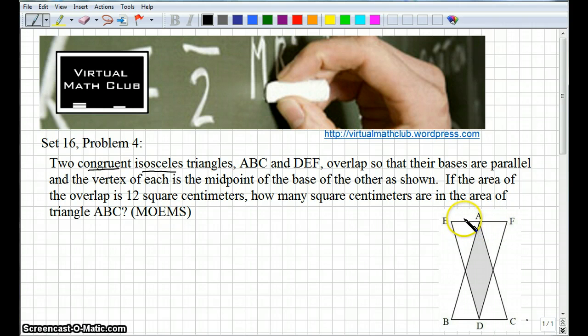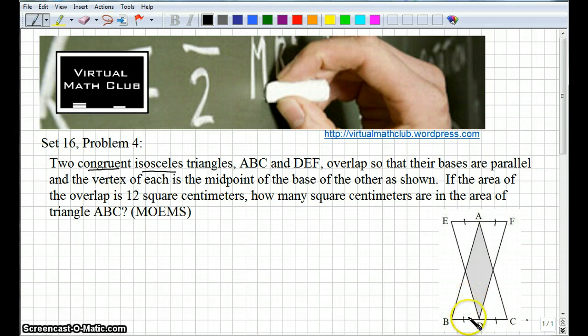So we could mark on here that this length and this length are the same, because it's the midpoint. And the same way down here, this point D is the midpoint of BC, so this length and this length are the same. And because these triangles are congruent to each other, all four of those lengths, AE, AF, BD, and DC, are all the same length.